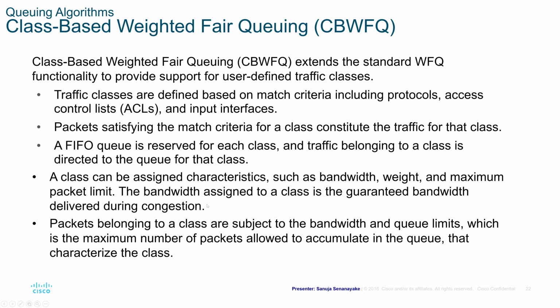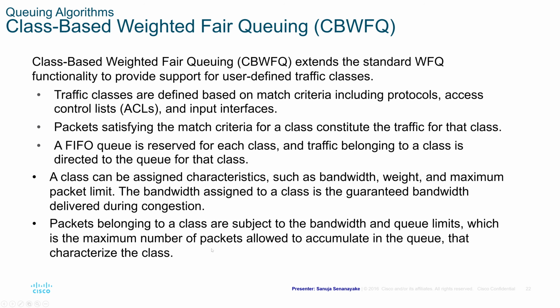For example, if you have voice over internet protocol, VoIP data that can't have any delays, that could have the highest bandwidth assigned to it. As a result, it is guaranteed bandwidth delivery for that VoIP traffic, no matter what the congestion is.